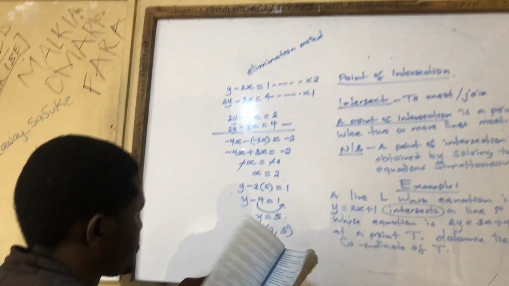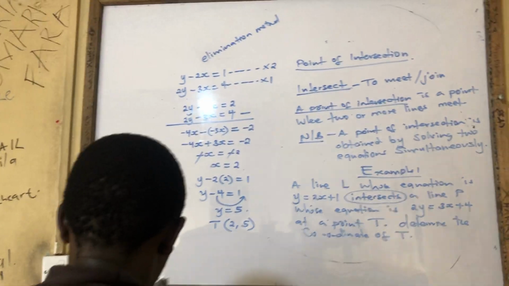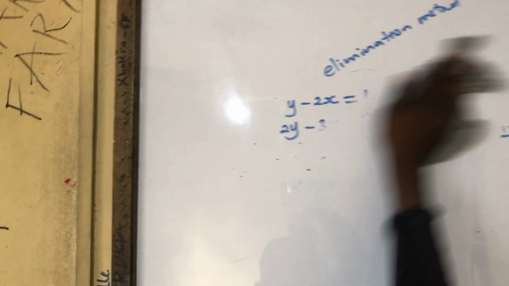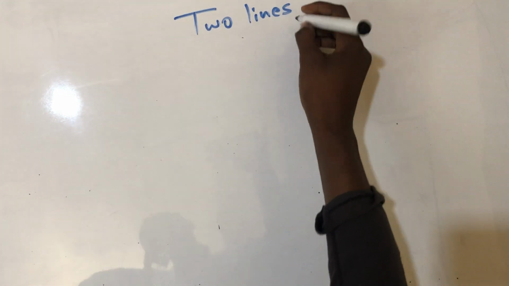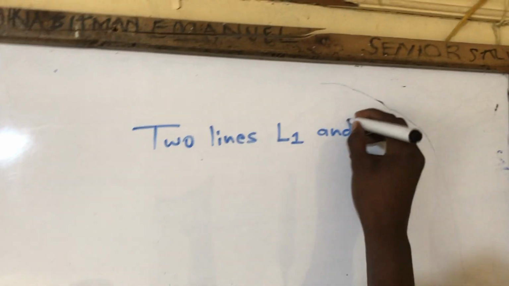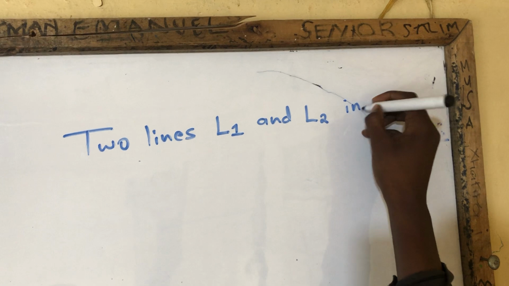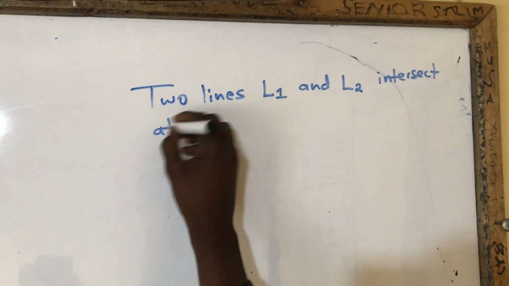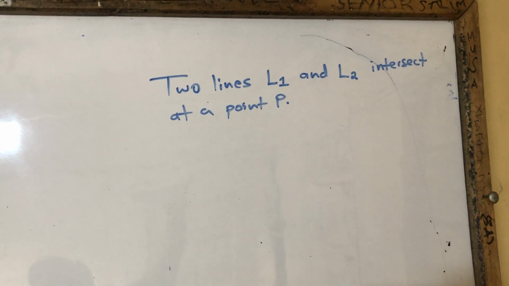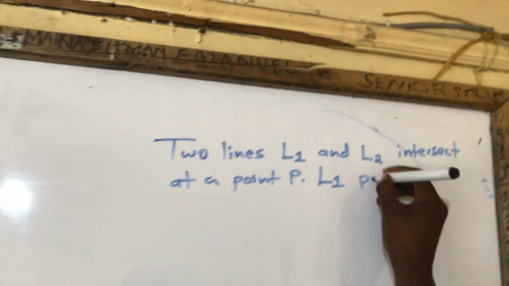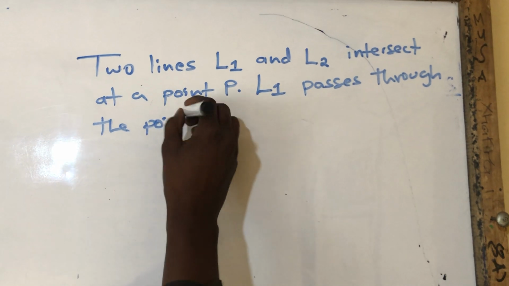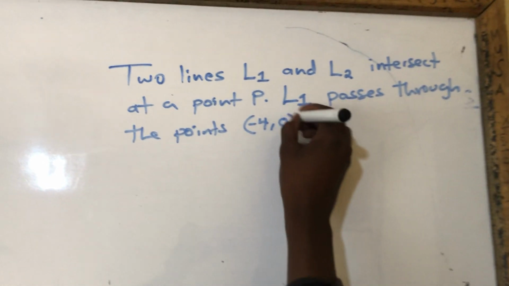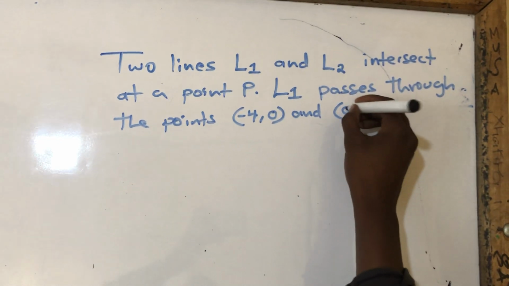I want us to consider this example. Two lines L1 and L2 intersect at a point P. L1 passes through the points (-4, 0) and (0, 6).